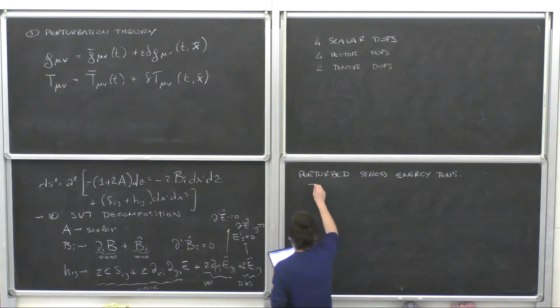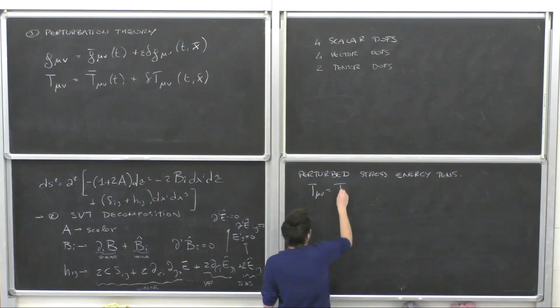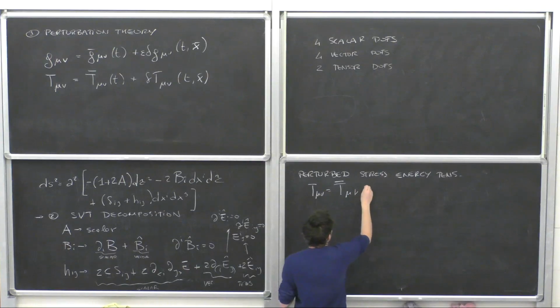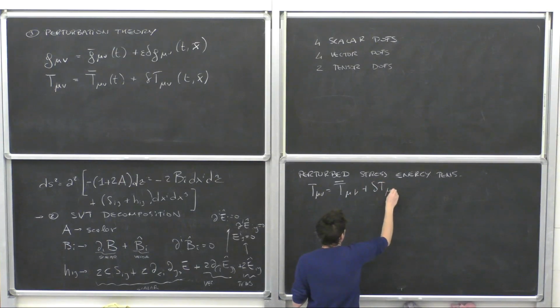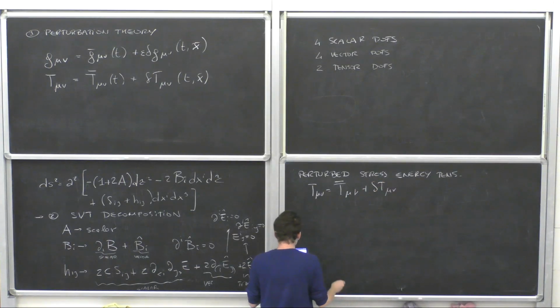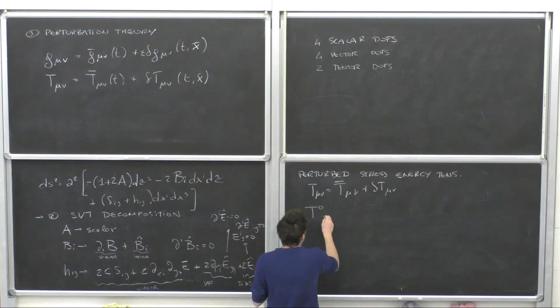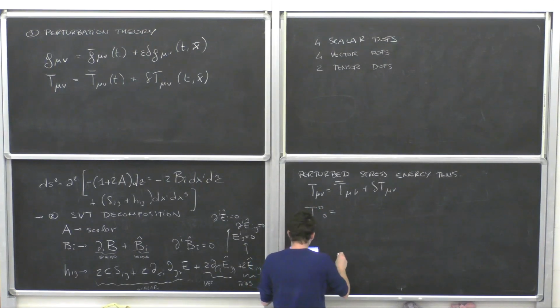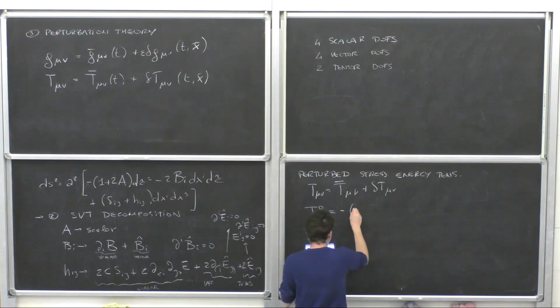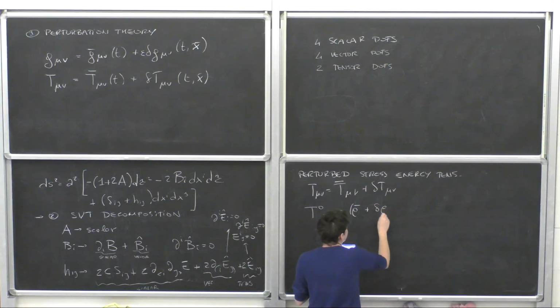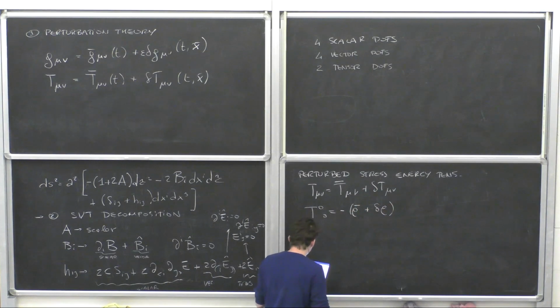Same idea: T_mu nu equals background T_mu nu plus delta T_mu nu. And now we want to write down this guy explicitly. So let's start with T_00. Well, this is minus background density plus delta rho, density fluctuations.